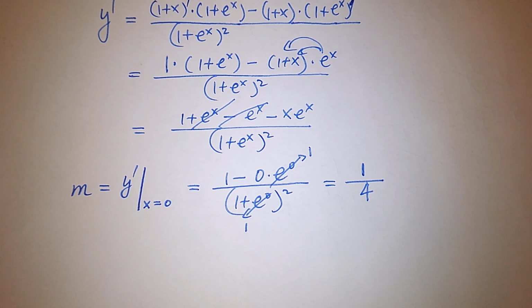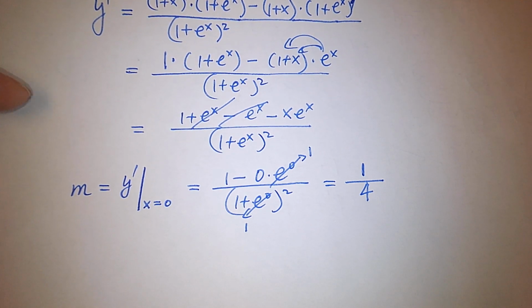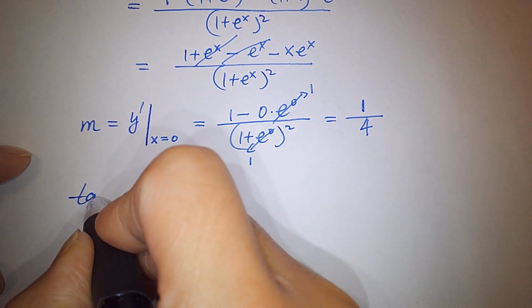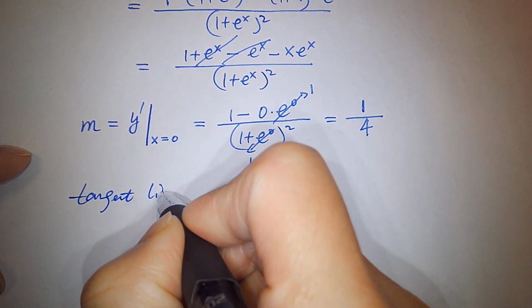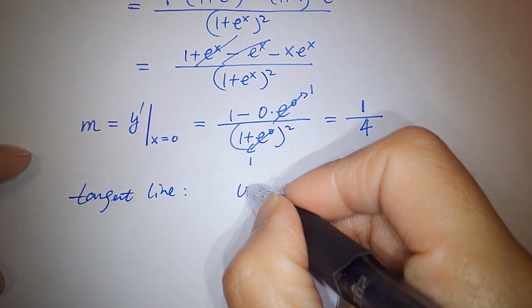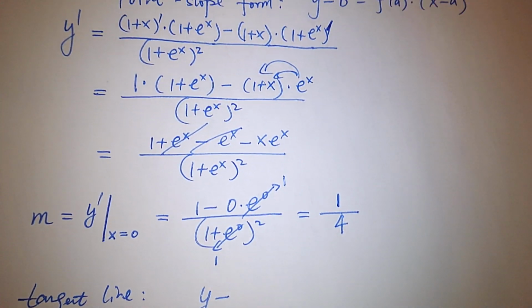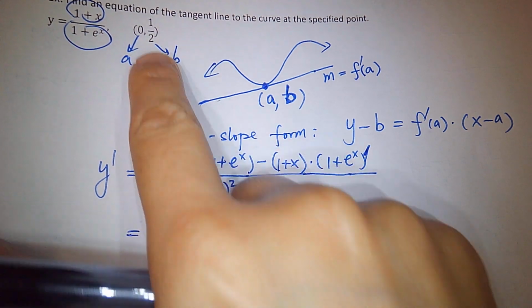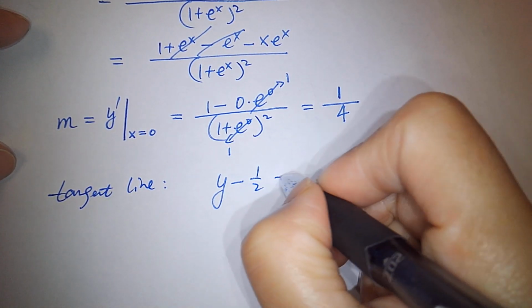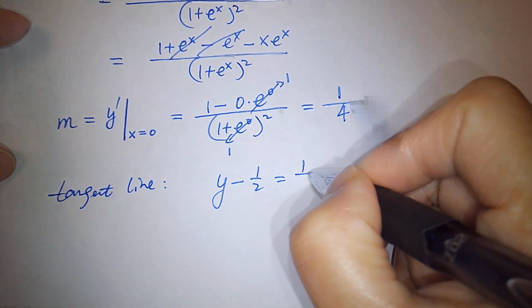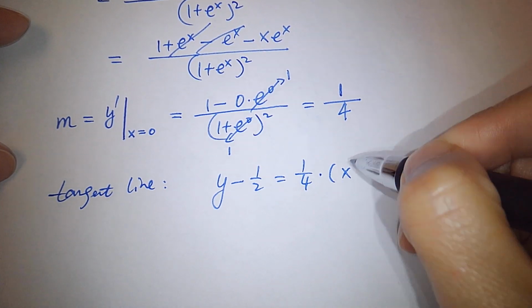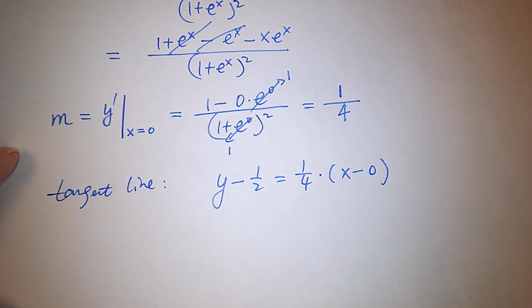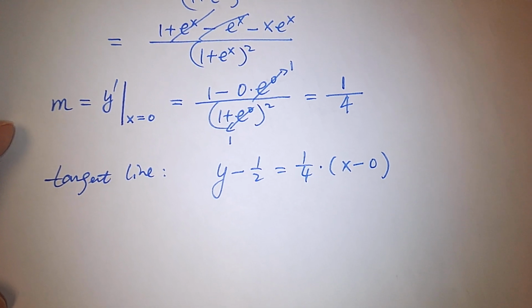We know the one given point. How to write down the equation of the line, everyone? So the tangent line is going to be y minus b. What is b? 1/2, right? Equals m, 1/4, times x minus what? What is a value? 0, right?